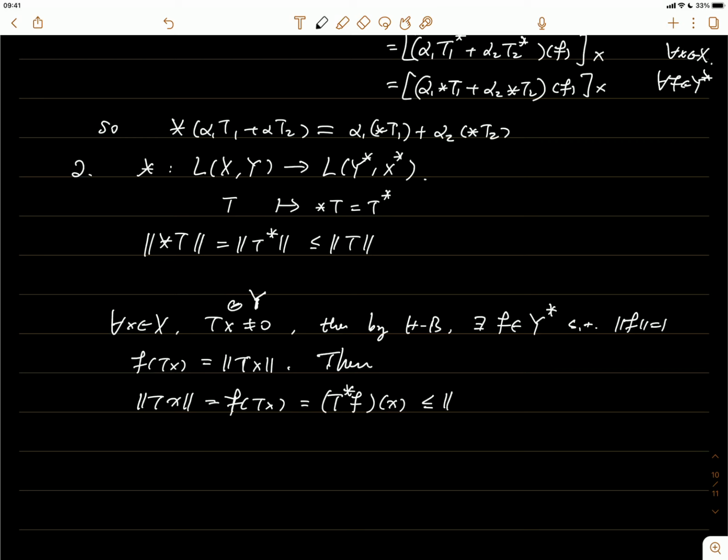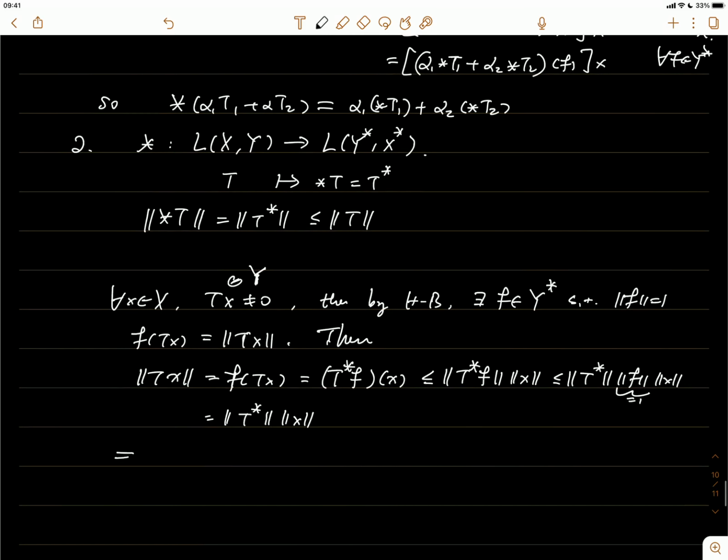And this is bounded by the norm of T star of F times the norm of X. And this is also bounded by the operator norm of this adjoint operator T star times the norm of F times the norm of X. Okay, and now remember that this F was chosen such that its norm is equal to 1, so that's just equal to this.